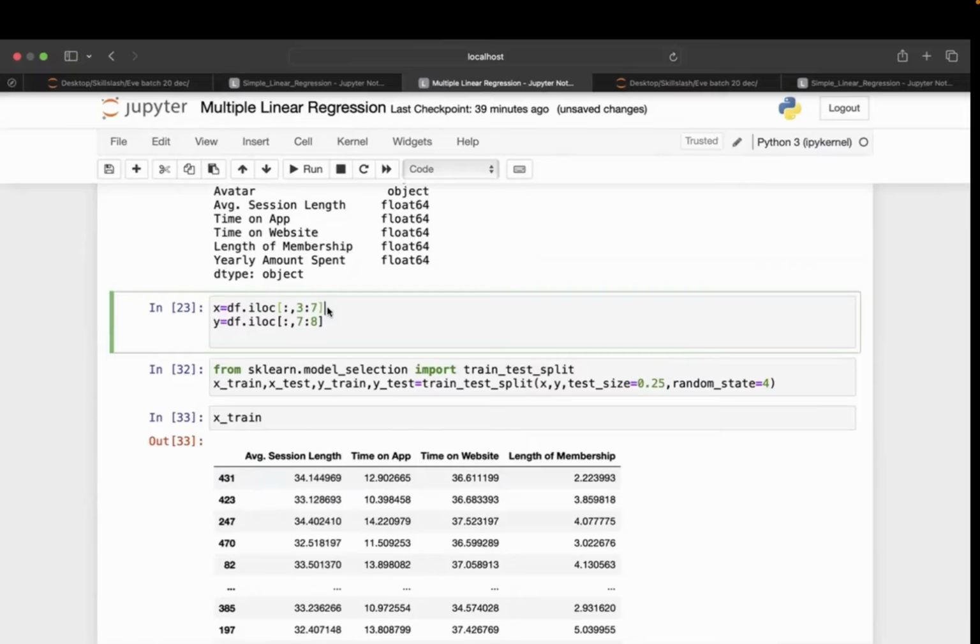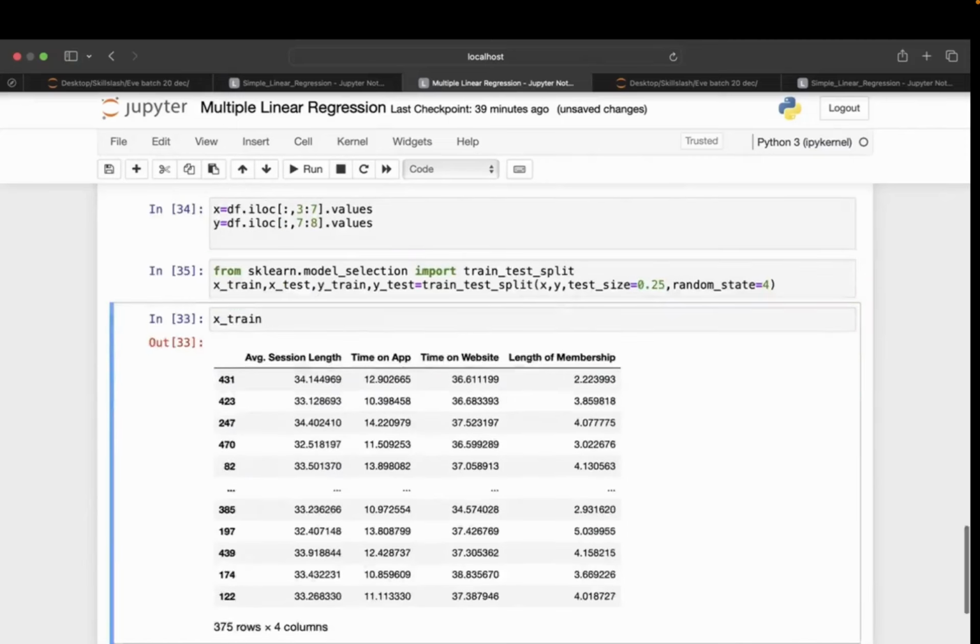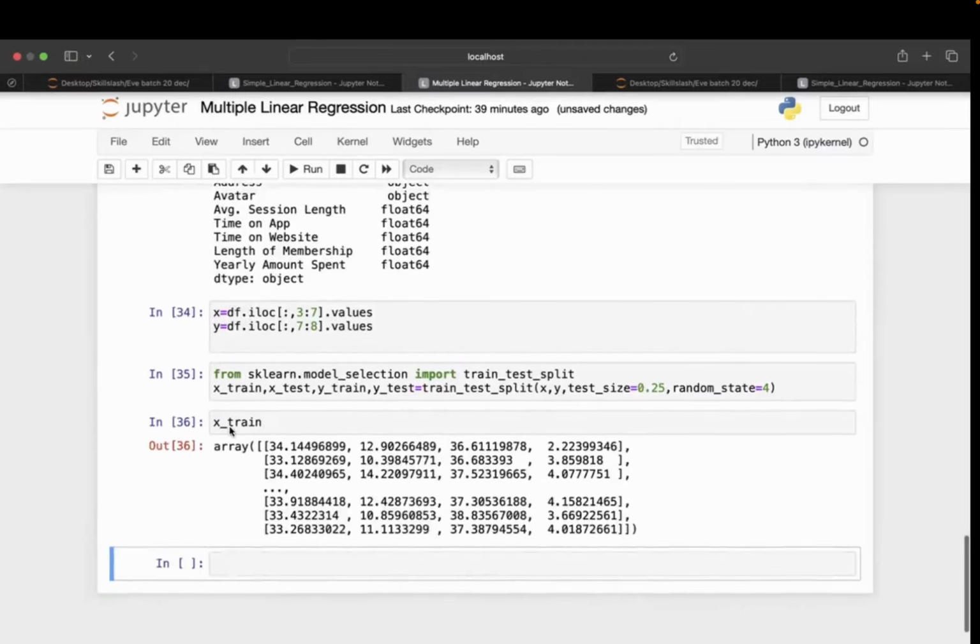Yes. Now let's go back and simply write that values. So splitting is done. Now we'll apply the linear model. Simple. That is going to be similar to that of yesterday. No difference. Okay.